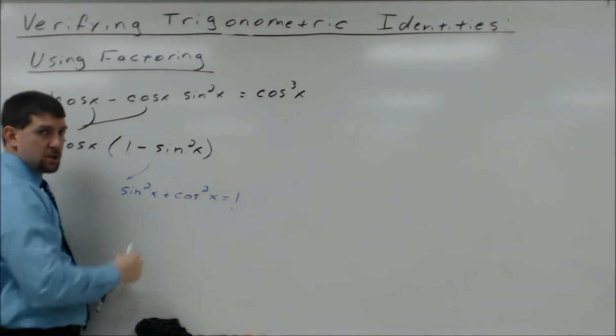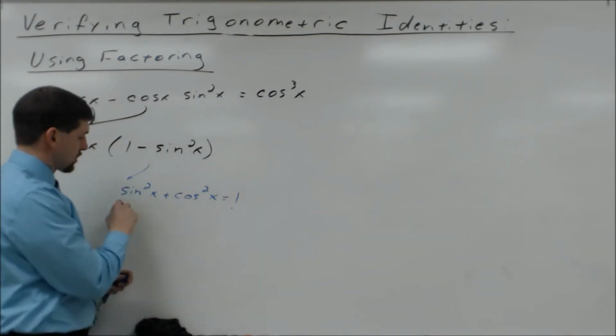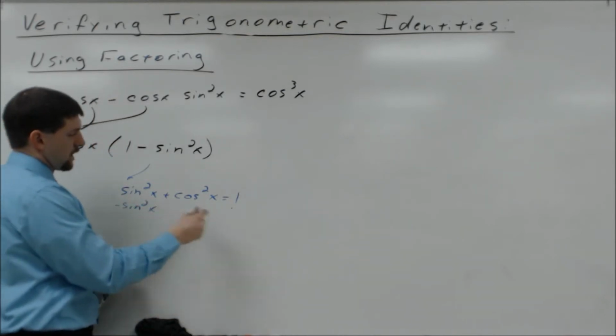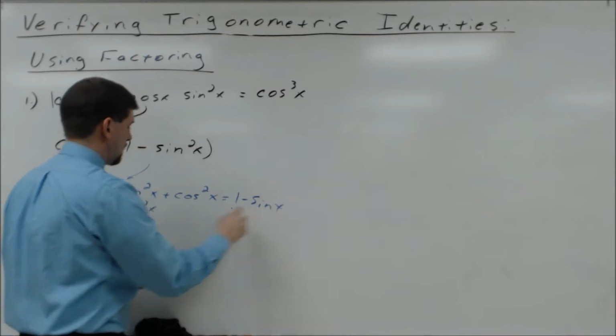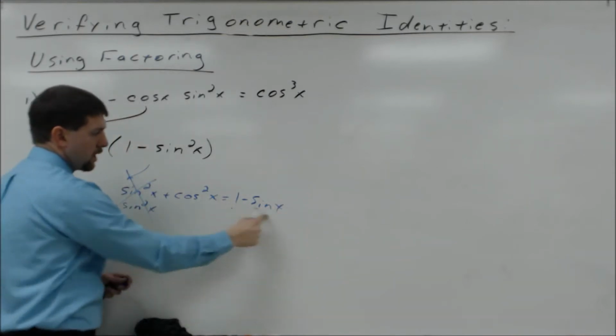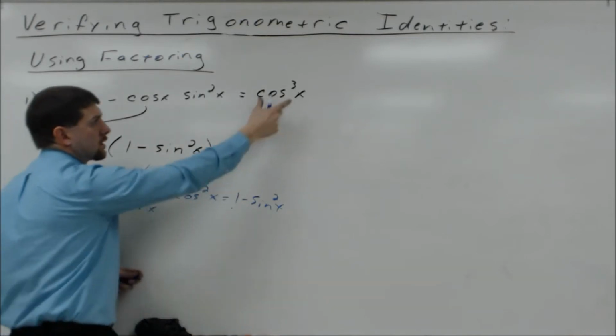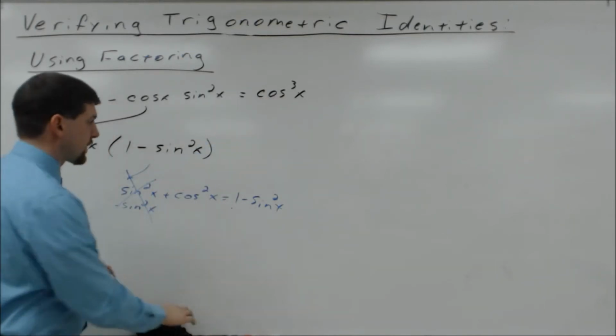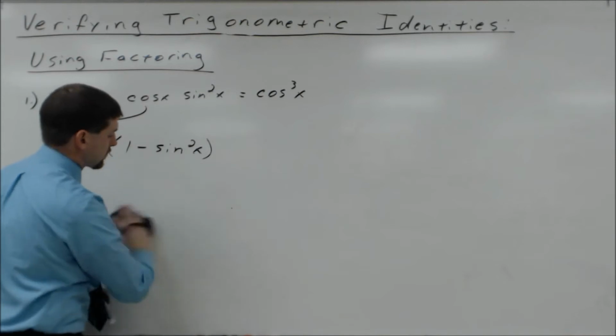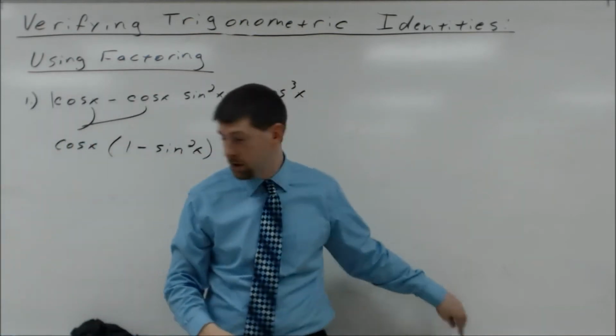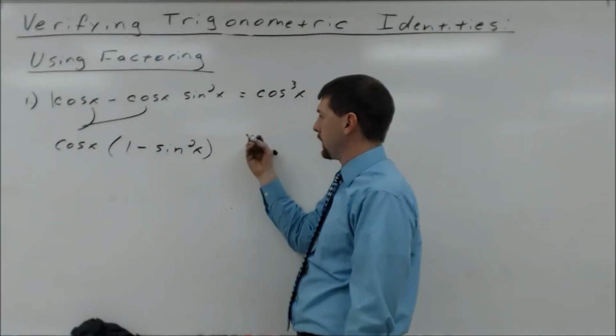Well, I can rearrange this, which we talked about in the last lecture, by moving sine squared to the other side. And what does 1 minus sine squared of x equal? Cosine squared. What are we trying to get to? Cosine cubed. So that is how the factoring can put me into something that can combine and give me this.